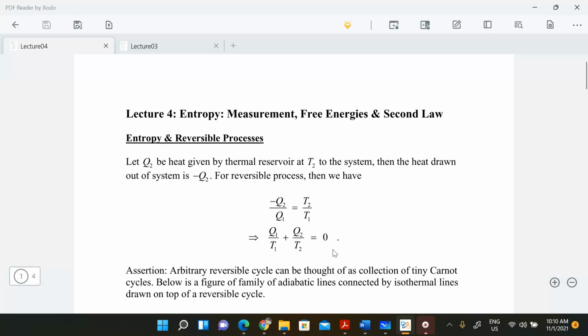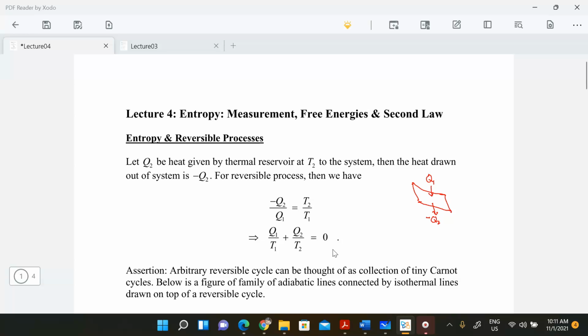Let me see if I can use my tablet here. So this comes from your previous. Okay. So now this is negative Q2 to denote that this is being released, and Q1. Okay. So under the reversible process, this is actually equal to 0.